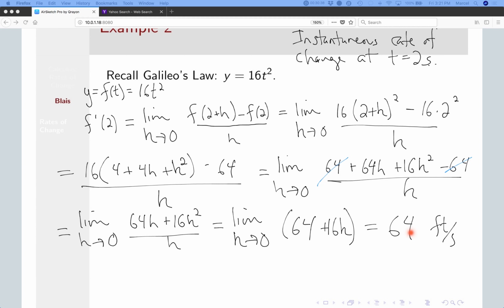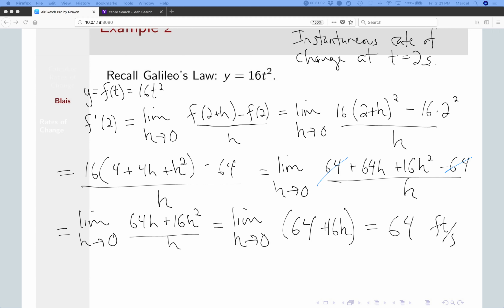If it was a perfect speedometer that actually captured the instantaneous rate of change exactly, it would read 64. Realistically, the way speedometers work is our previous calculation. They calculate an average velocity over a small interval. But imagine you had a magical one. It would tell you that the rock is falling at exactly 64 feet per second.